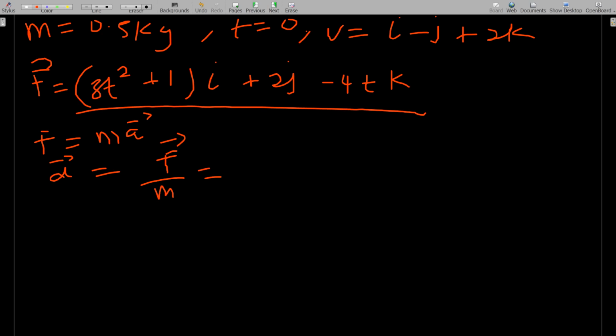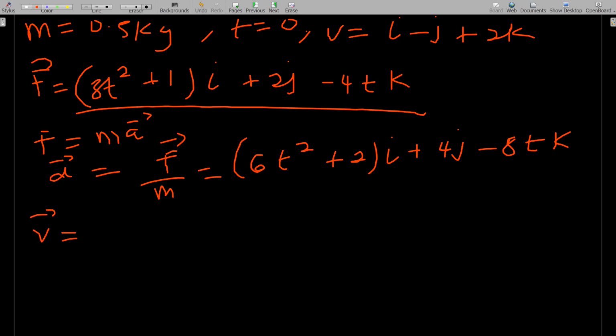So 3 divided by 0.5, I have 6t squared. 1 divided by 0.5, I have 2. Then 2 divided by 0.5, I have 4j. Then minus 4 divided by 0.5, 8t k. You can punch these on your calculator. This is my acceleration. Now I go to the velocity. The velocity is equal to the integral of a with respect to t.